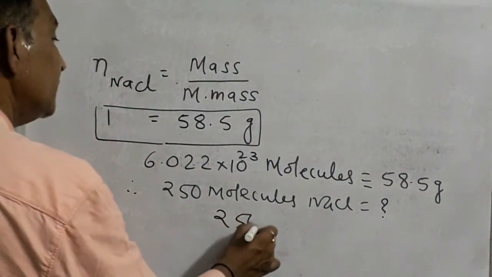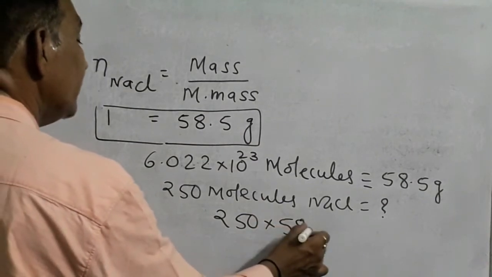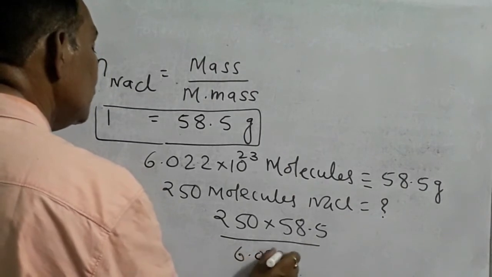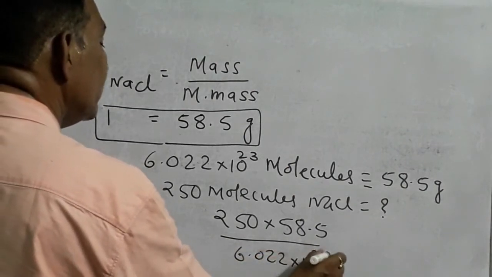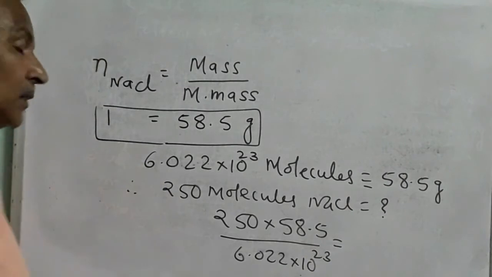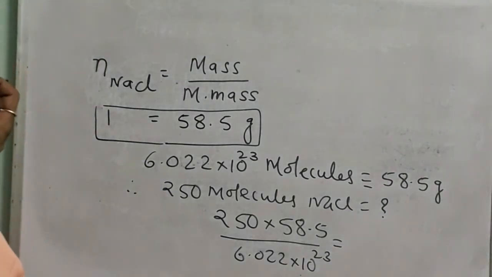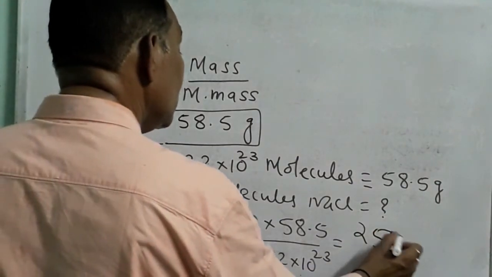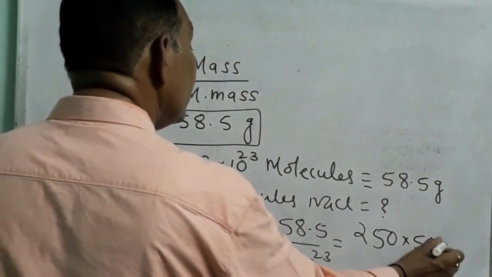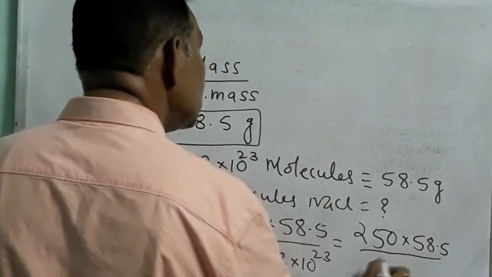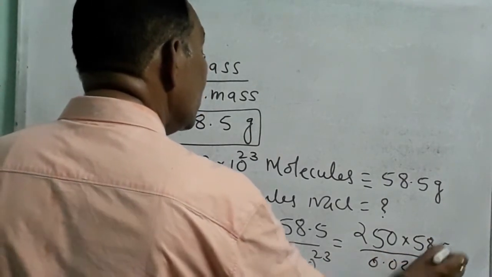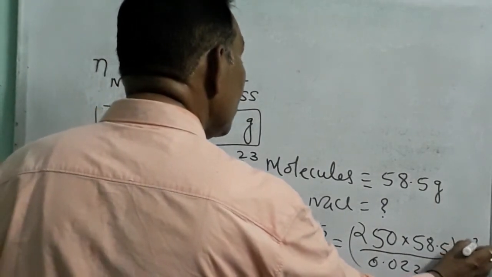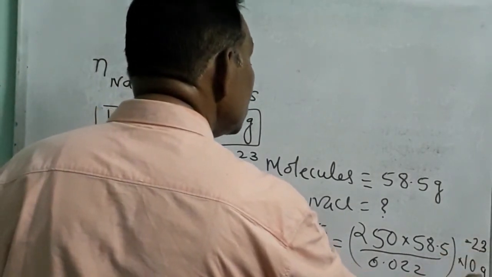250 multiplied by 58.5 divided by 6.022 into 10 to the power 23. So directly this power becomes minus and comes up in the numerator, and you will be left with 250 into 58.5 divided by 6.022, and keep the power as it is, 10 to the power minus 23, this much gram.